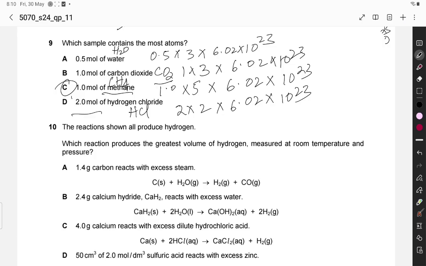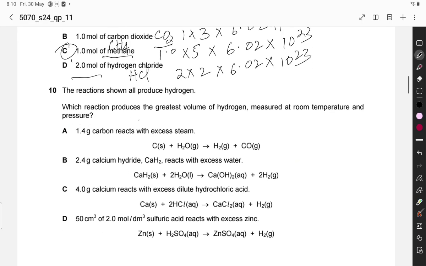The reactions shown all produce hydrogen. Which reaction produces the greatest volume of hydrogen measured at room temperature and pressure? 1.4 gram carbon reacts with excess steam. So find out the mole first. 1.4 divided by 12, where 12 is the atomic mass Ar of carbon.